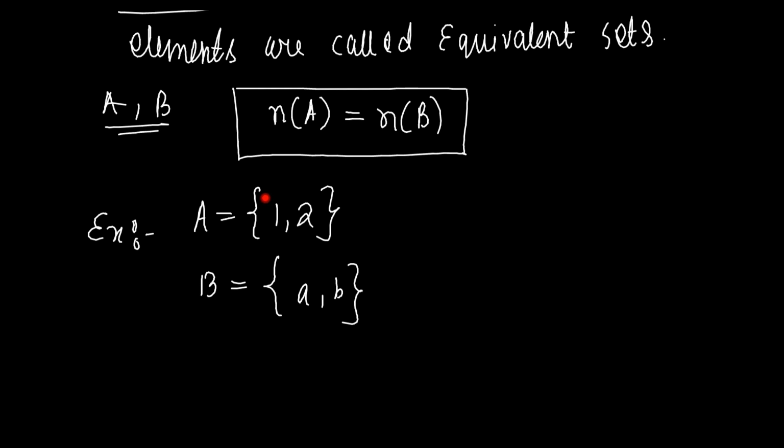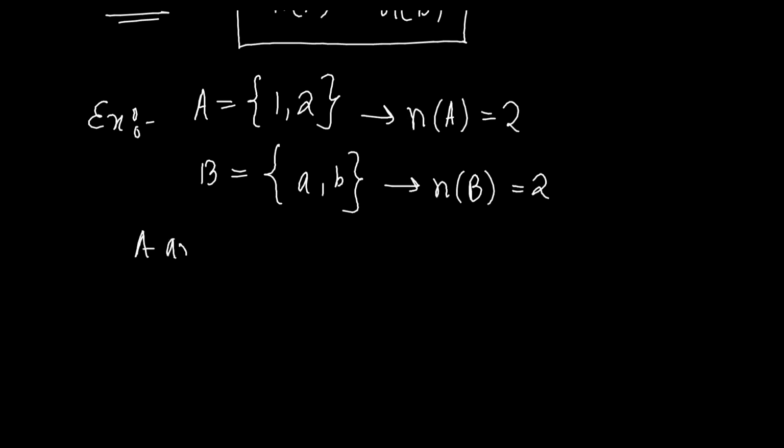Here it is telling the number of elements. You can see that the number of elements in set B is also 2. Here it is 1, 2, and it is a, b. Here 1 is not equal to a, 2 is not equal to b. Nothing in this case. Only the number of elements matters: n(A) is equal to 2, and n(B) is also equal to 2. So we can say that A and B are equivalent sets.